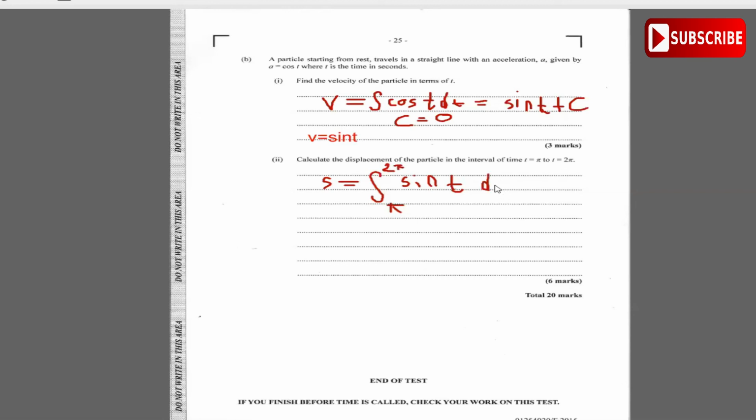Nice and easy. When you integrate sine t, you get minus cos t. So now we get minus cos t, integrating from pi to 2 pi.